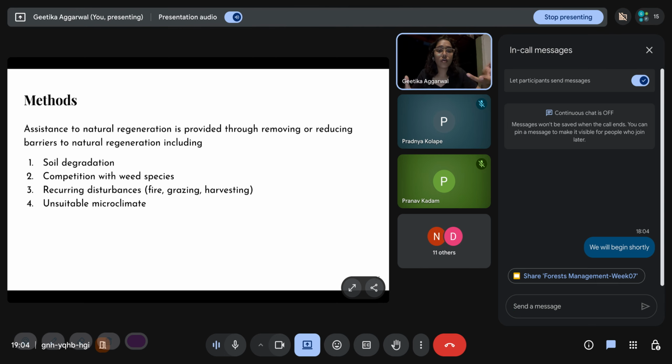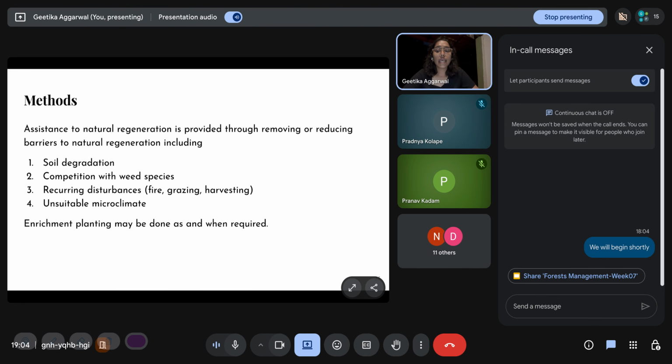For grazing and fire, you can take care that no fire happens in the area by creating fire lines around. You can demarcate this area as a no grazing zone, so people can't bring their cattle in this area. And again, you can mark it off as a no harvesting area. And if the microclimate is unsuitable, maybe you can add more water, you can add fertilizers, all of these things.